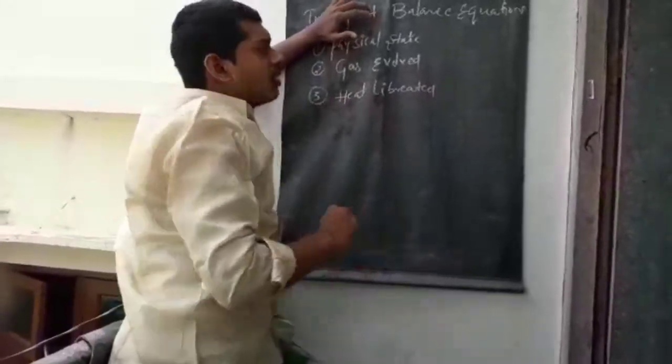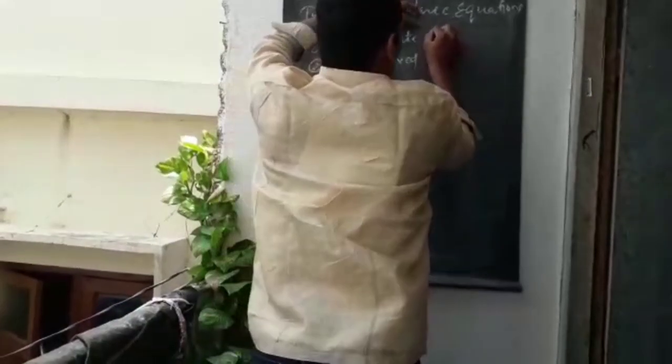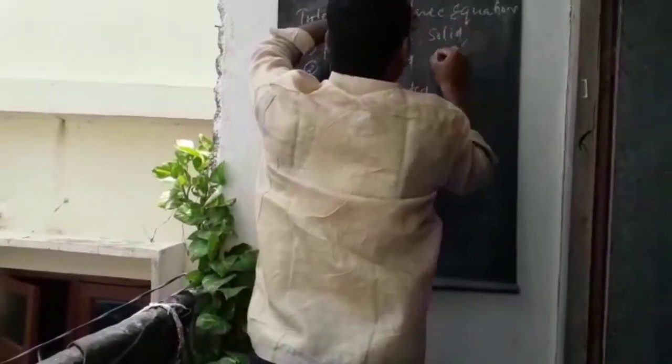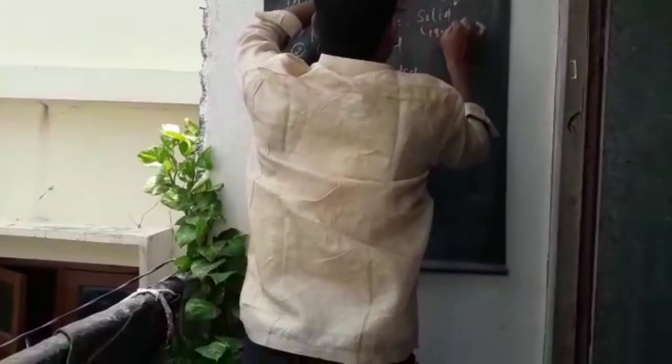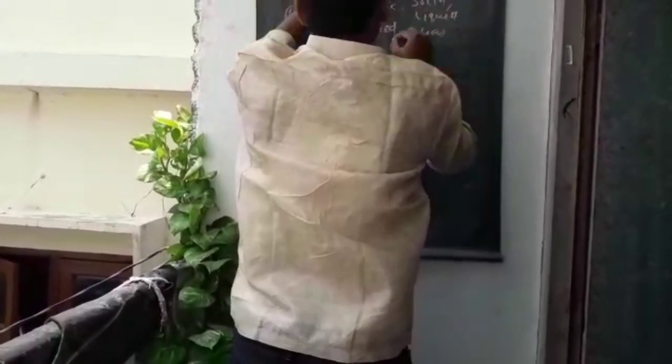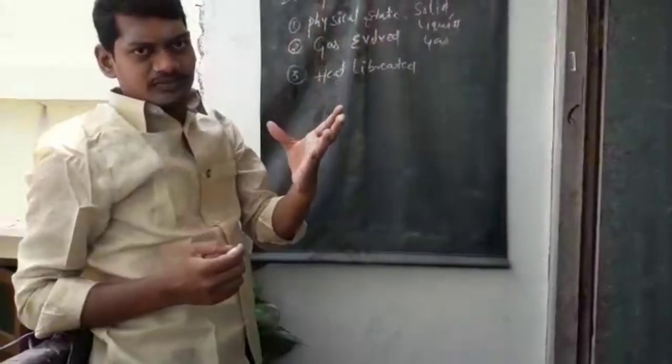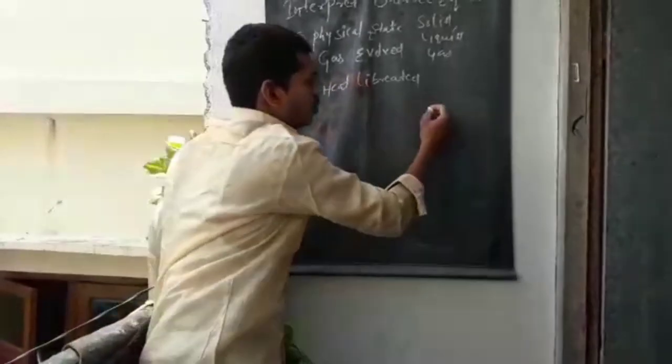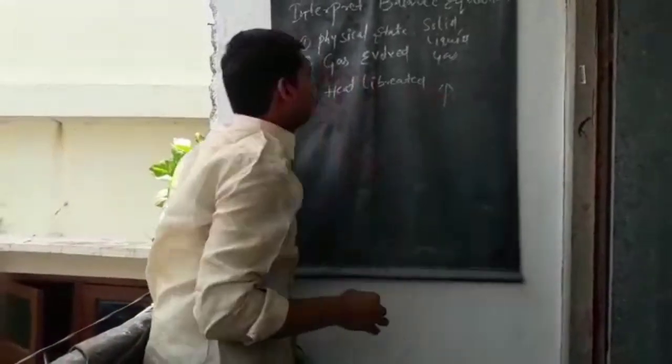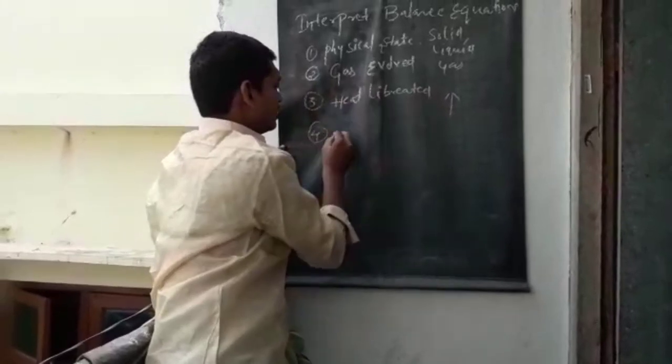Physical state. Physical state is nothing but what physical state you have: one is solid, liquid, and gas. Whenever a gas is evolved, an arrow mark will show upwards. And the fourth one is the precipitate.